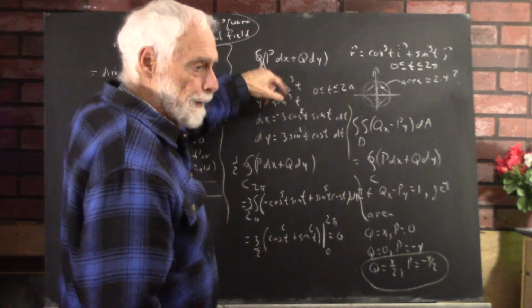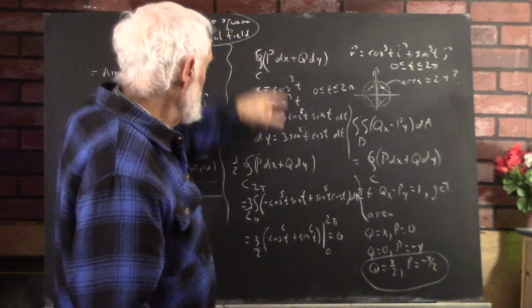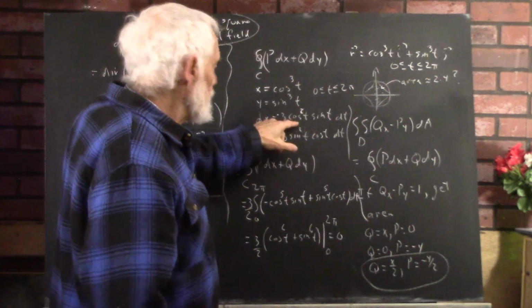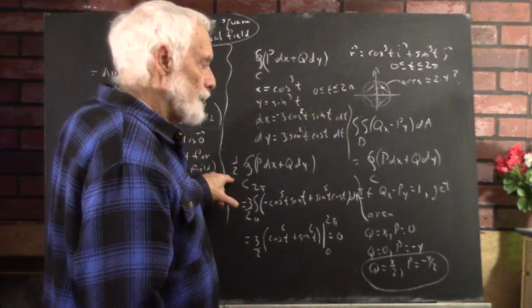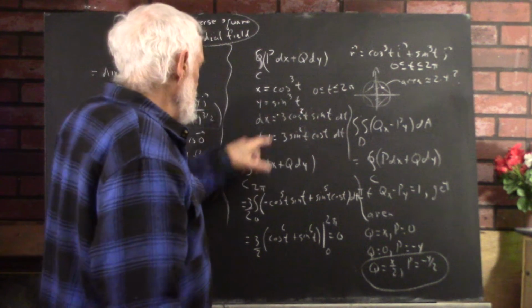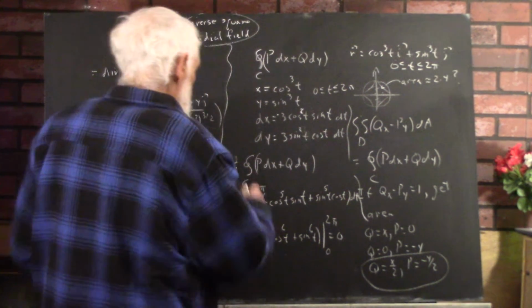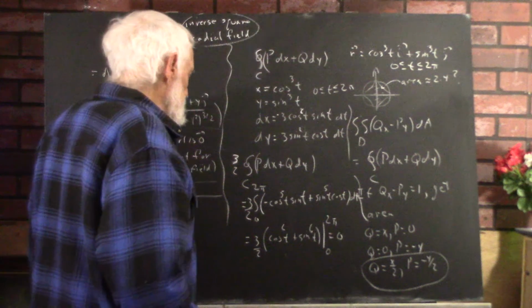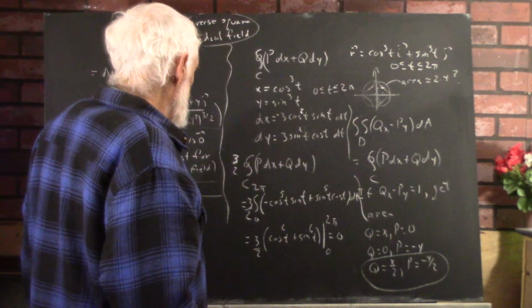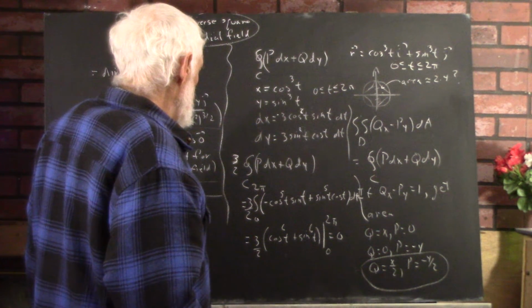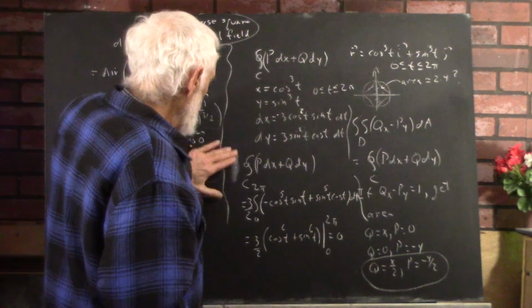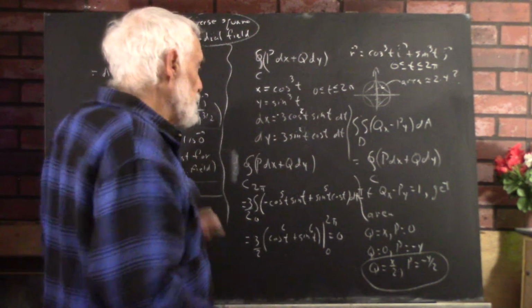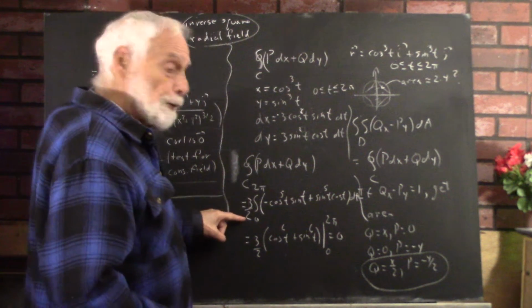X is cosine cubed t, so it's cosine cubed t over 2 times our dx, which is going to give us a cosine to the fifth here. And of course, it's going to give us a half. And there's a 3 in there, so that should actually be a 3/2. P dx plus Q dy. Okay, and that gives us the 3/2 over here.